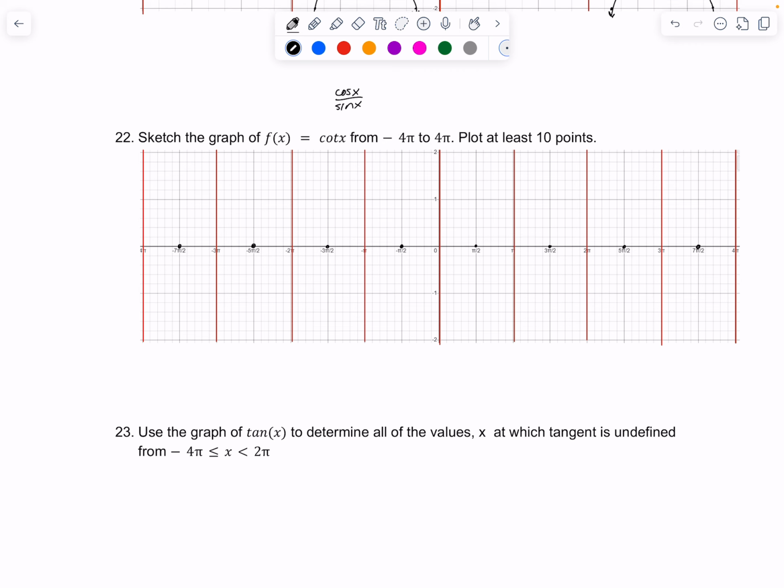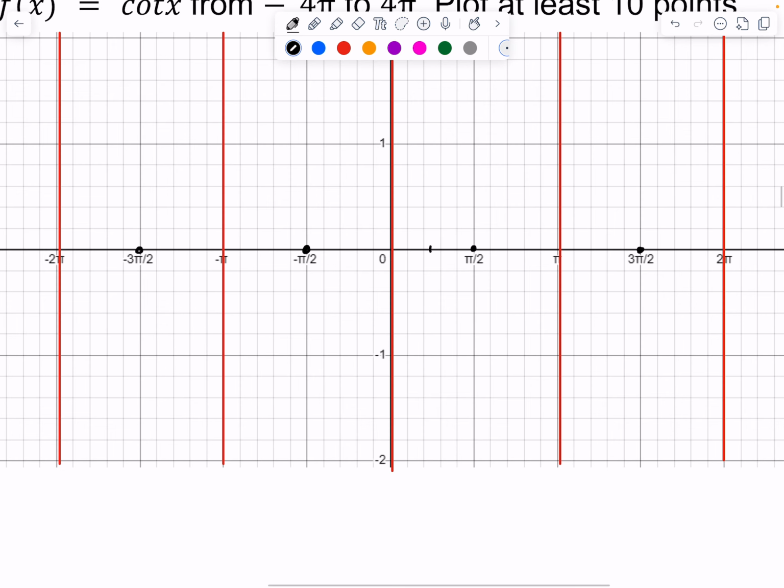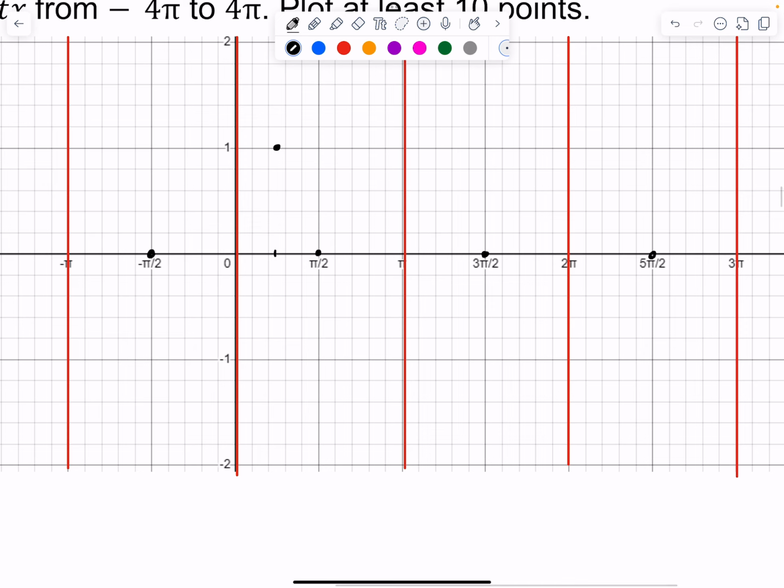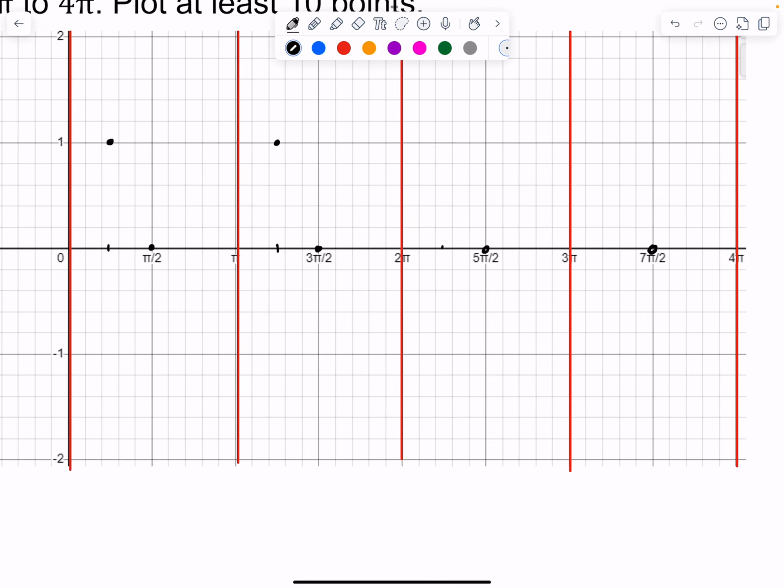Then I just need to know kind of what direction it goes. So I will figure out where it's equal to 1. Cotangent is 1 at pi over 4, because at pi over 4, sine is equal to cosine. So that's halfway between, that's right here. It's also equal to 1 over here. Same thing in every cycle.